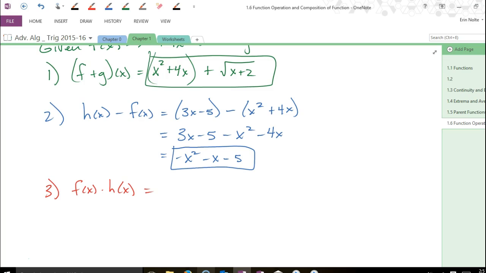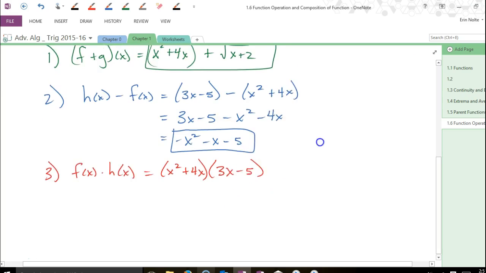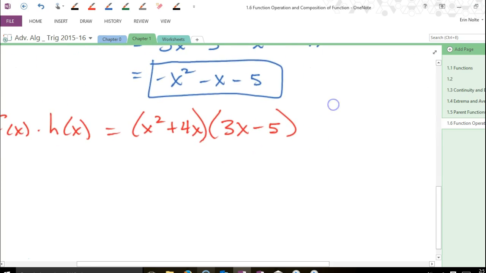My f of x here, I can go back up a little, is x squared plus 4x. Okay, what is my h of x? 3x minus 5. So if I have these two pieces, how am I going to simplify? Just distribute one. Okay, yeah, I got to FOIL this out.